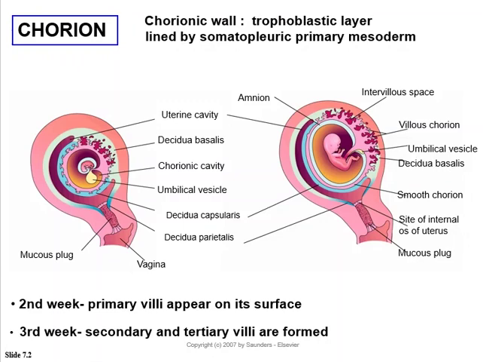This chorion is also associated with villi, or chorionic villi. In the second week, the primary villi appear on the surface, and later, after the third week of development, we can see the secondary and tertiary villi. We already discussed the different villi regarding primary, secondary, and tertiary.